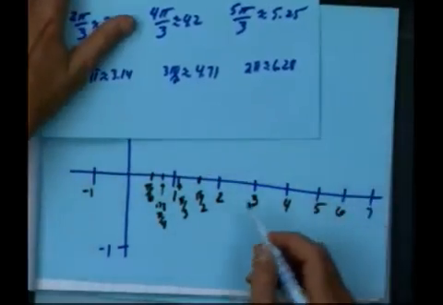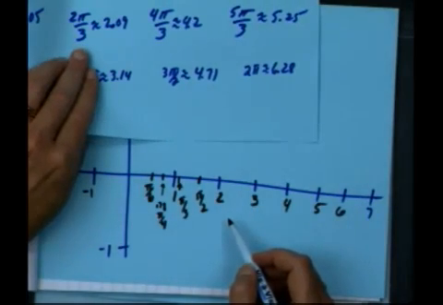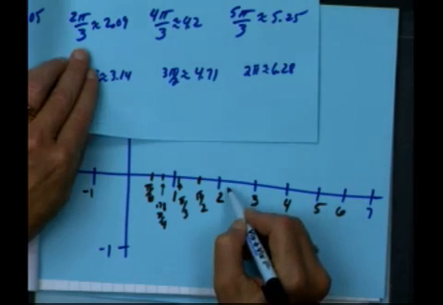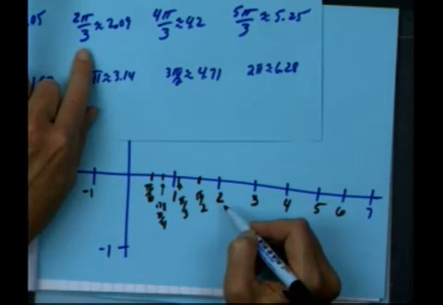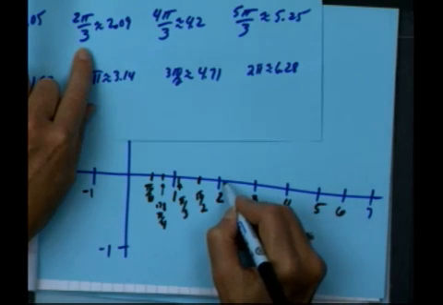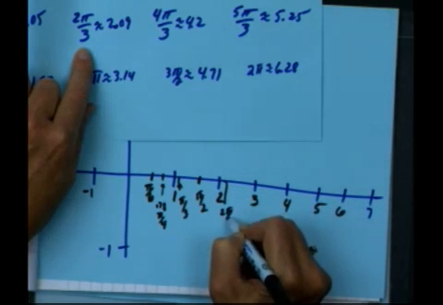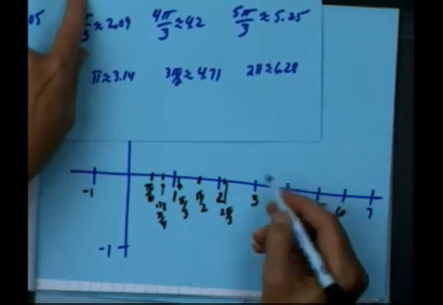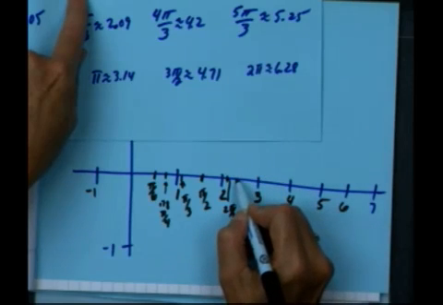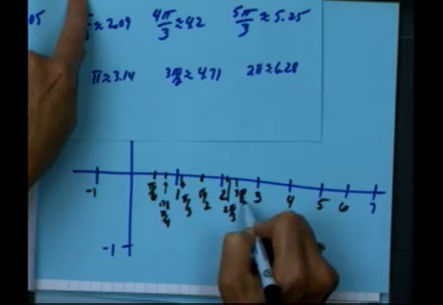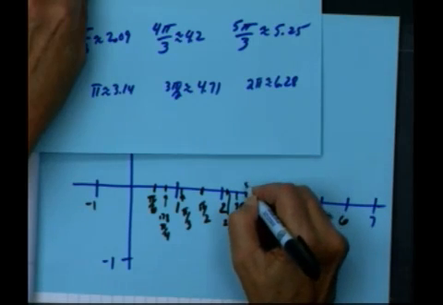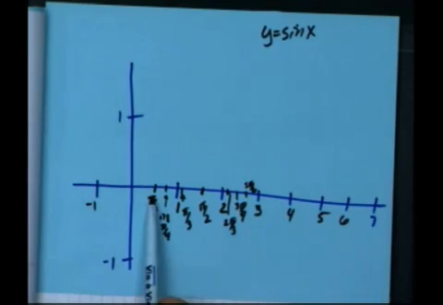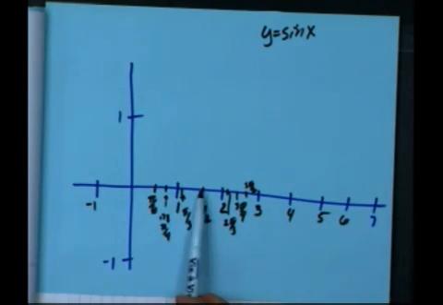Okay, then we go to 2 pi over 3, which is about 2.09. So this is like 2 pi over 3 right here. And then 3 pi over 4 is about 2.36. So 3 pi over 4. 5 pi over 6 is about 2.6. 5 pi over 6. All right. Do you get the hang of that? These are just real numbers that are fitting right on our rectangular coordinate system.